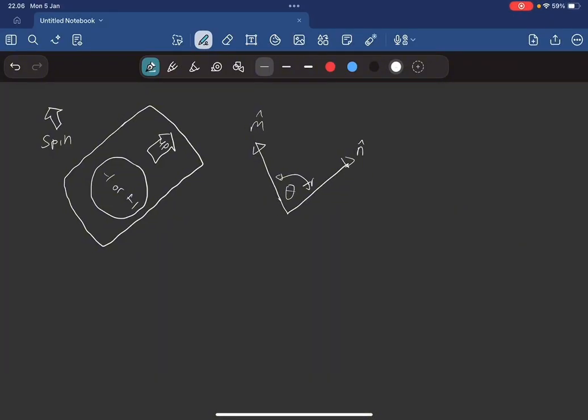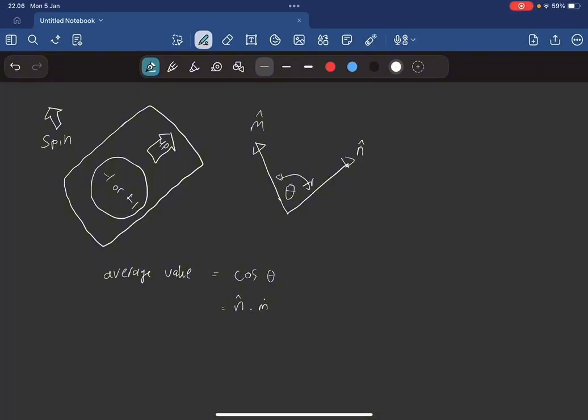So the average value equals cosine theta, or the dot product of unit vectors n and m.